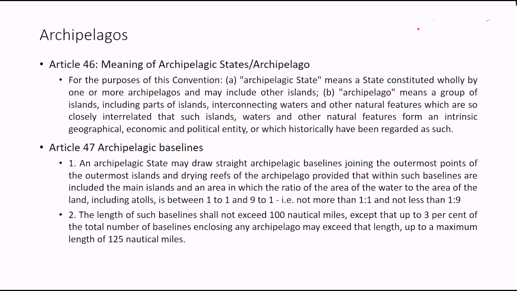So, the area of water and area of land could be equal, but if the area of water is more than the area of land, then it will not qualify to be an archipelago.